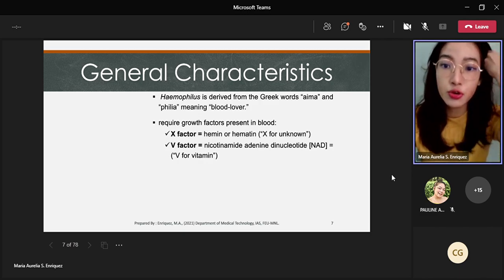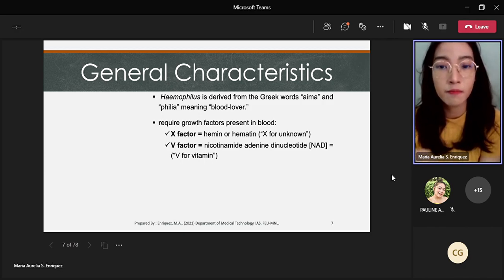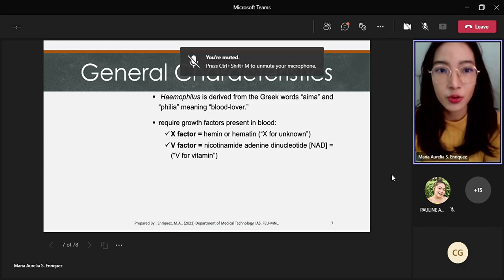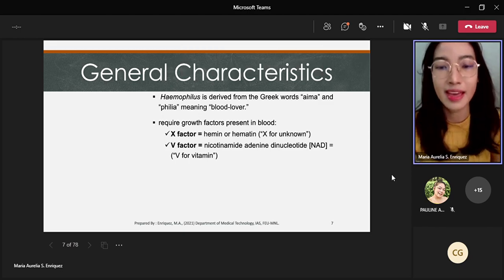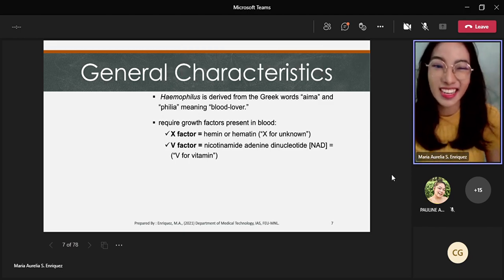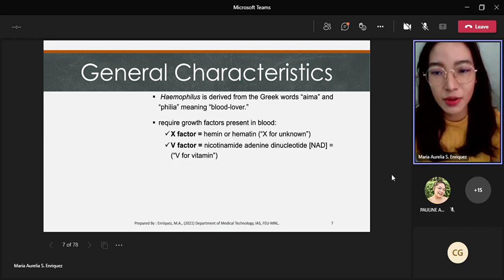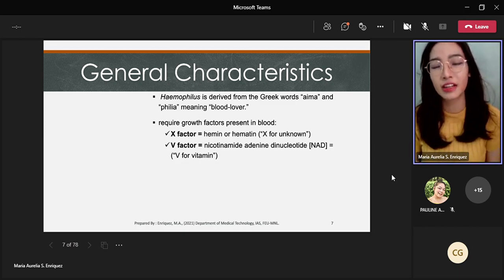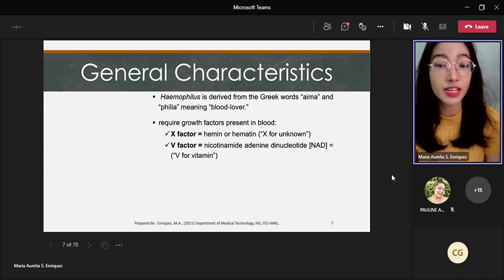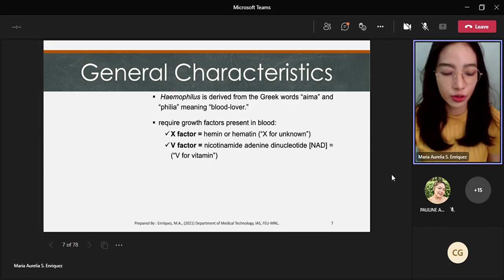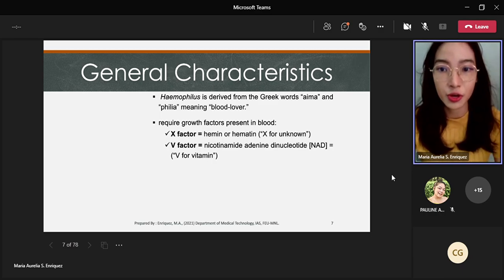So there are two growth factors present in the blood. First is the X factor, or the unknown factor, which we now know as hemin or hematin. So hindi naman na talaga siya unknown. And then we also have the V factor, or the vitamin factor. Specifically, this is composed of nicotinamide adenine dinucleotide, or NAD for short.